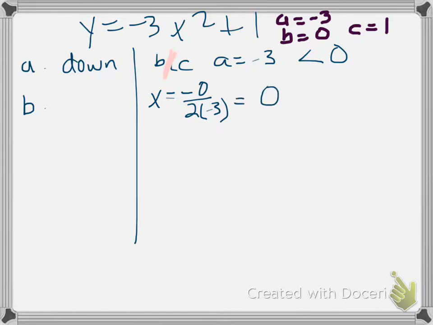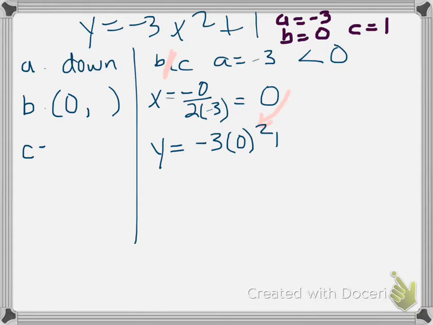Now this is the X coordinate to the vertex. But now I need to go make sure and I plug it into the top equation. So X equals -3, parentheses, instead of the X, we're going to put the 0 squared plus 1. When we put this into the calculator, I'm going to get a +1.